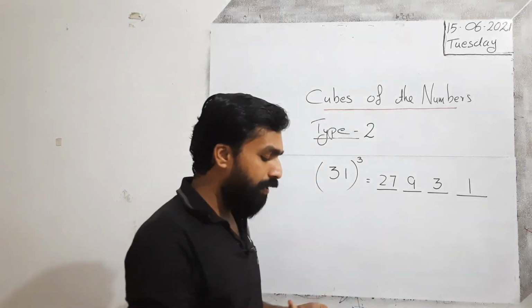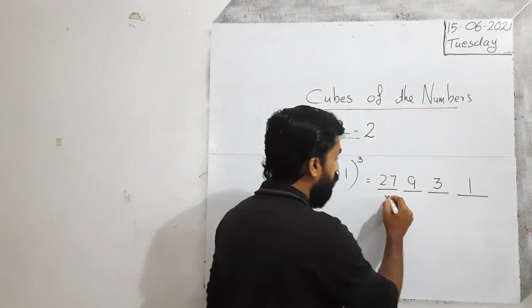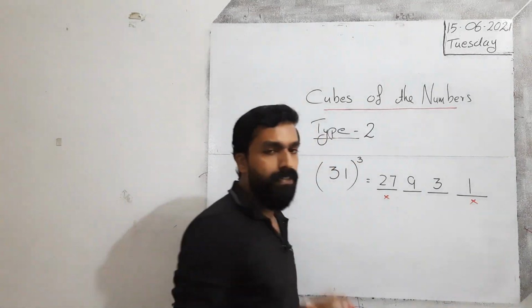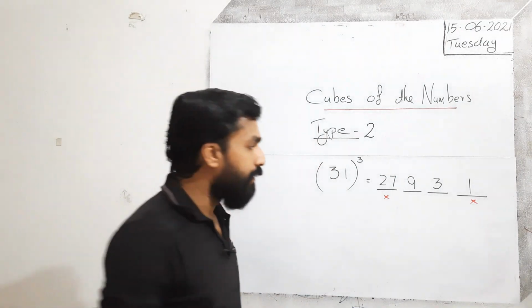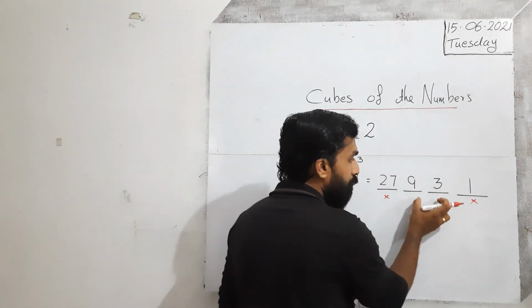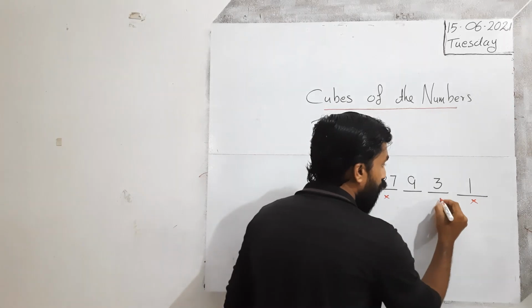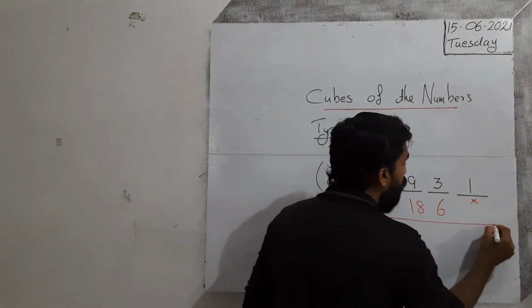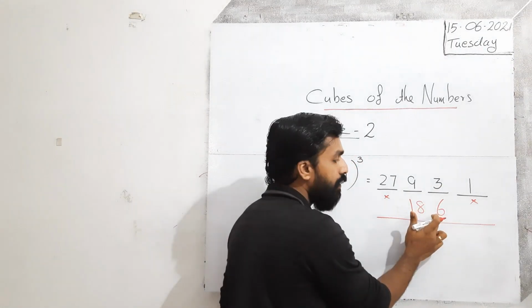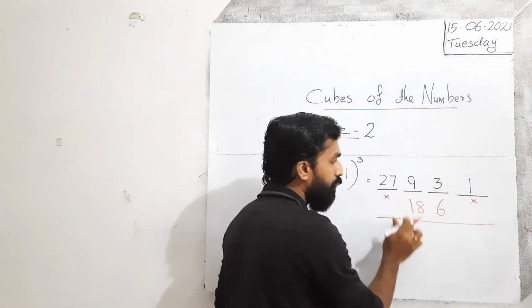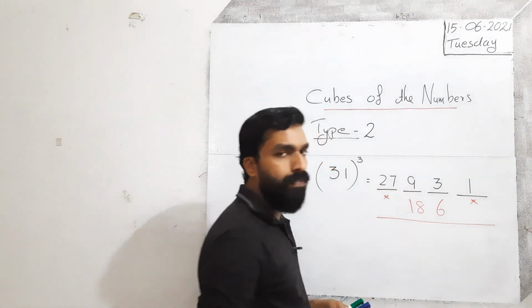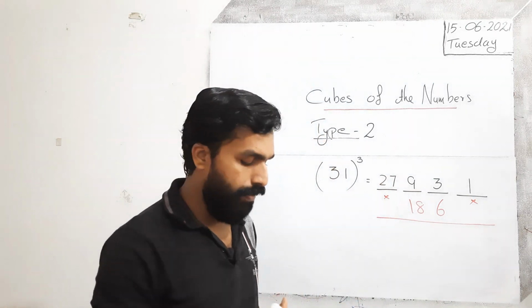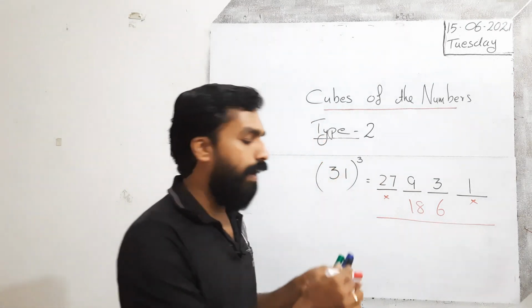Next, same method: you cancel these numbers, leaving the first and last. The two middle numbers are 9 and 3. Find the double of each: 3 into 2 is equal to 6, 9 into 2 is equal to 18. Then the same method, add them.